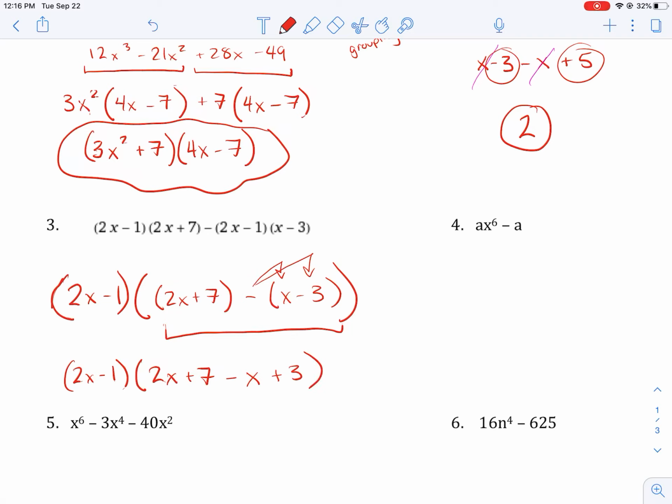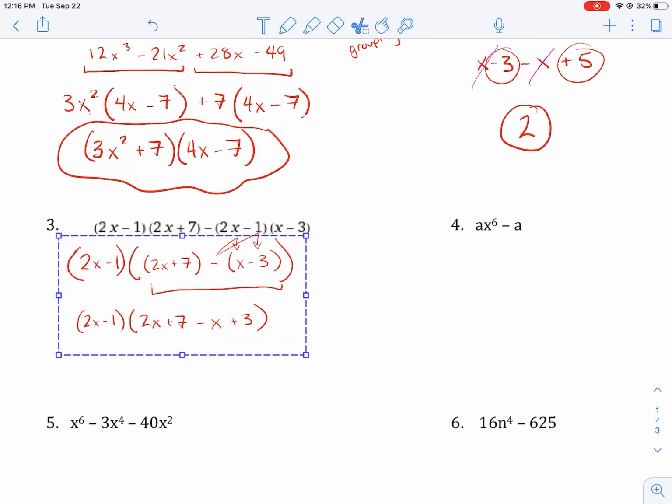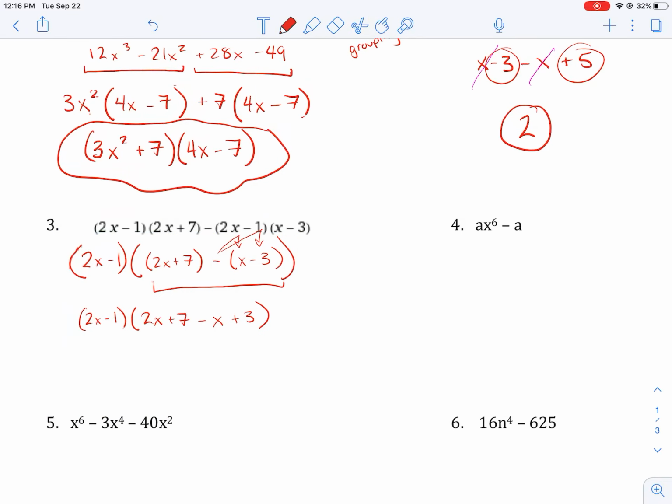And then finally, our last step is to just simplify. So we're going to go 2x minus 1, times 2x minus x, which is just an x, and 7 plus 3 is 10. And that's the answer to number 3.